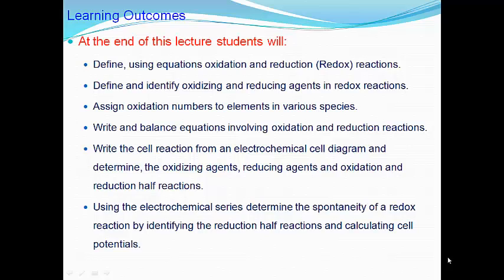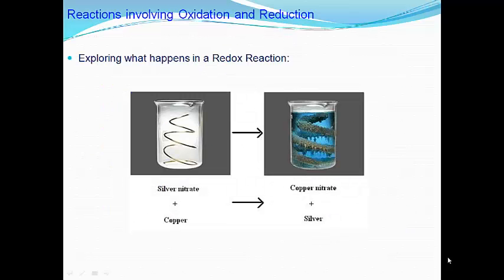You'll be able to assign oxidation numbers, which is an important prerequisite to being able to identify oxidation reduction reactions. We'll then be spending some time to apply oxidation reduction processes, particularly as it relates to electrochemical cells, and look at some of the fundamentals of this kind of application of oxidation reduction reactions.